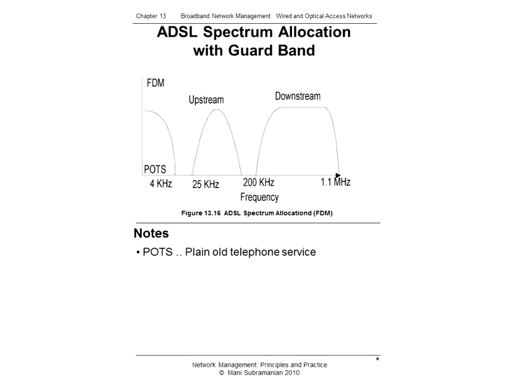Now here we have ADSL spectrum allocation with guard band. So the POTS signal is always allocated the baseband of 4 kHz, and they are separated from the broadband signal by a guard band.